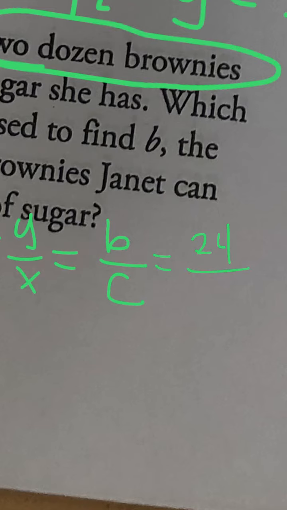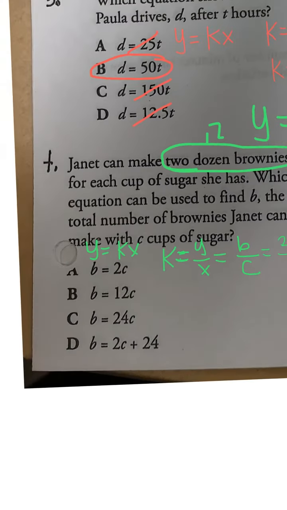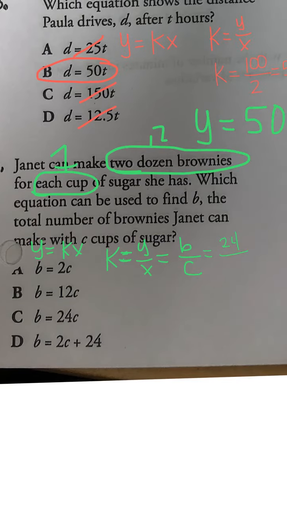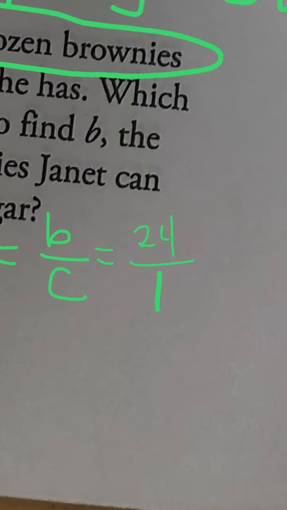Okay, and C stands for the cups of sugar. I don't remember how many cups of sugar she can do. For each, that just means 1. So I'm literally just going to be dividing 24 by 1. And 24 divided by 1 is 24.